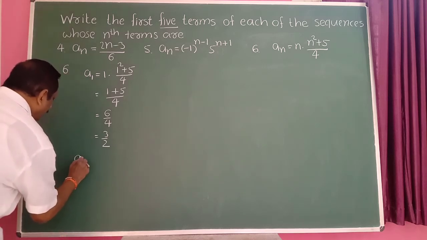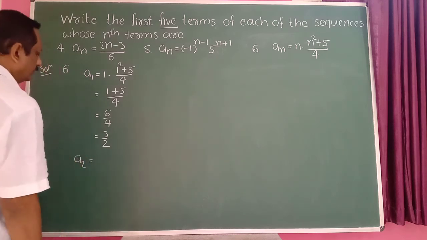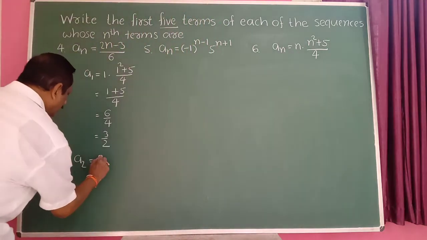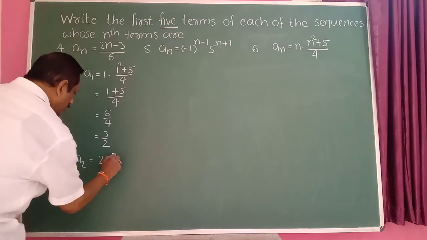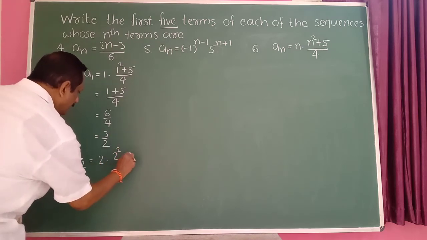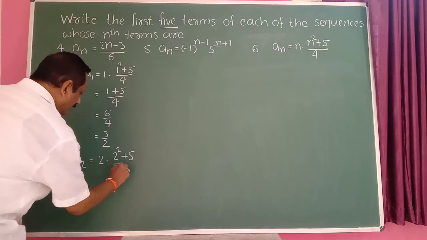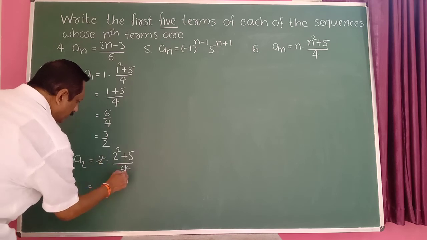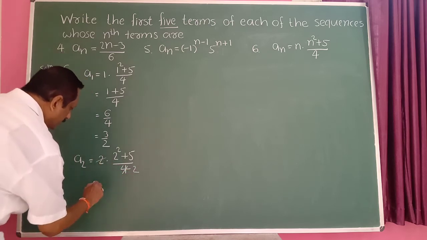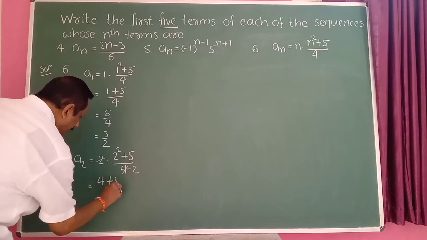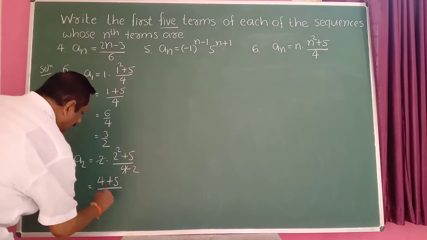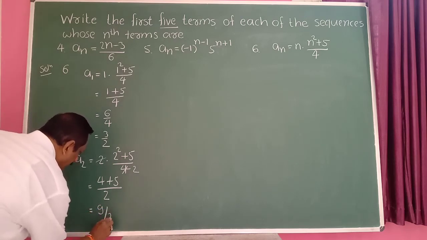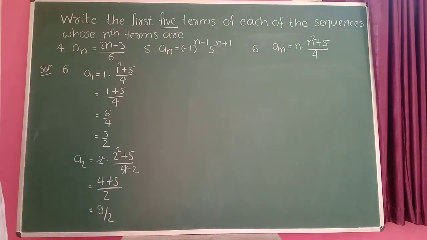Next, a2 is equal to, put n equal to 2 here. So 2 into 2 squared plus 5, divided by 4. You can cancel here, 2 2s cancel, and 2 squared is 4 plus 5 divided by 2. 5 plus 4 becomes 9, so 9 divided by 2. So this is a2 here.